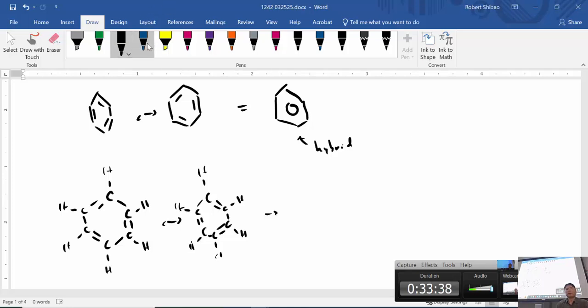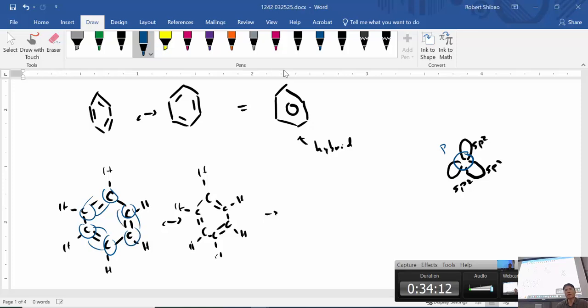So when you remember the sp2 hybridization, we have sp2 hybridized orbitals in a trigonal planar arrangement. And so we have three sp2 hybrid orbitals like this. And then perpendicular to this, we have an unhybridized p orbital. And so the double bond occurs when we have the overlap of the p orbitals to form pi bonds like that.